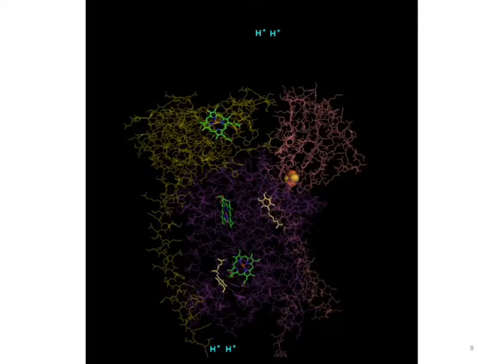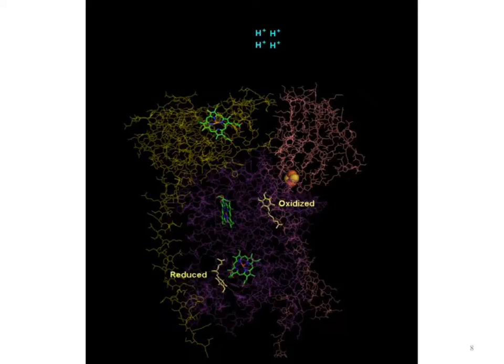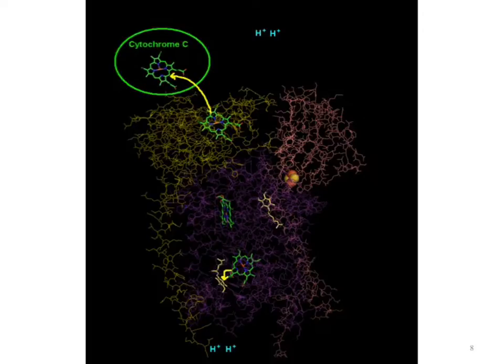Another reduced form comes in, shuttles more electrons, which gets us our H+, and those electrons end up making it out to our cytochrome C. So for this protein to function, we're actually looking at two coenzyme Qs being involved in this. One part comes in reduced, one part comes in oxidized, and part of that reduction is actually going to reduce another coenzyme Q.